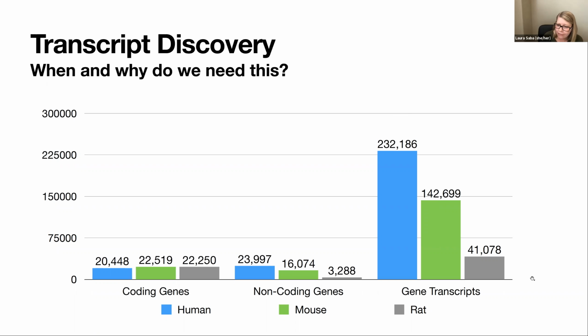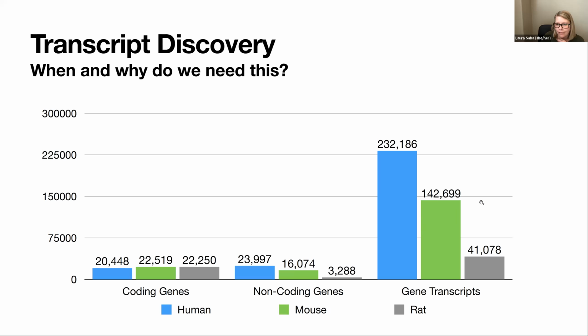And then this final column is one of the more drastic ones too. We've gone here from protein coding genes to gene transcripts. So this is splice variants per protein coding gene in addition to the non-coding genes. So what this is telling me is that in humans, we tend to have about 10 splice variants annotated for each gene.